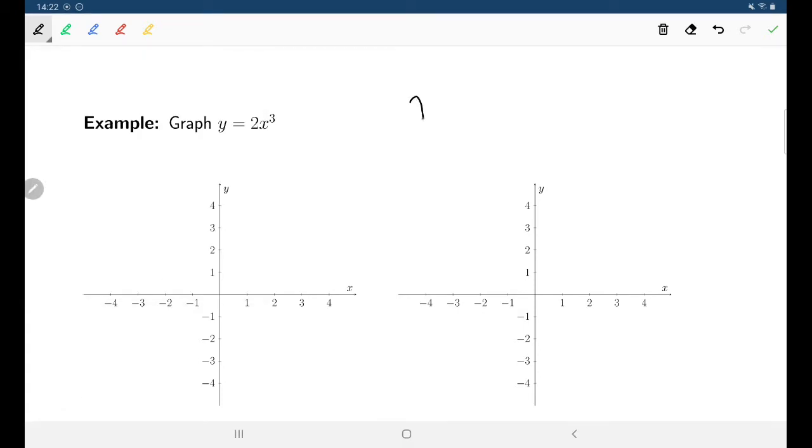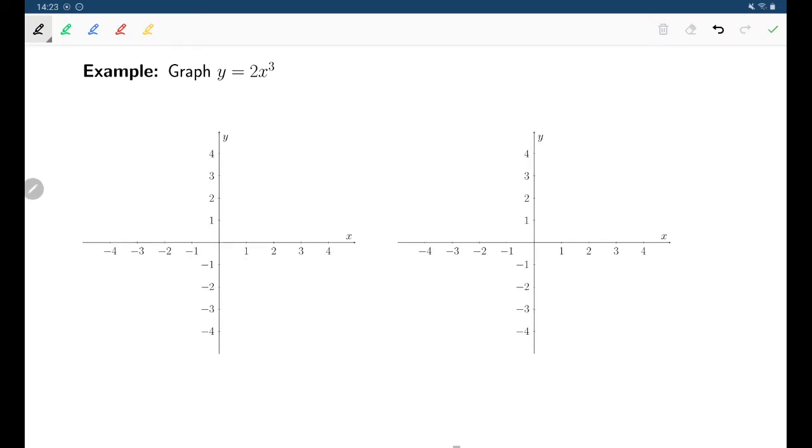So if we're thinking about the cubing function, that whole function is being multiplied by 2, which means we're vertically stretched by a factor of 2. We'll be 2 times taller than the original graph of y equals x cubed.